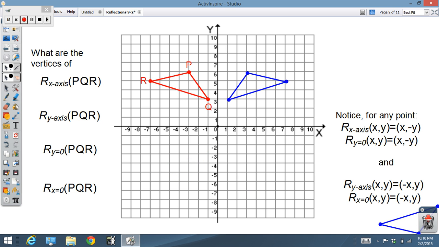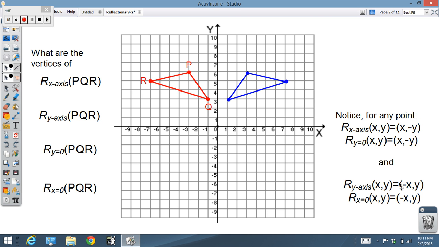For a reflection across the y-axis, notice any coordinate x, y becomes negative x, y. Negative 1, 3 becomes positive 1, 3. Negative 7, 5 becomes positive 7, 5. And negative 3, 6 becomes positive 3, 6.